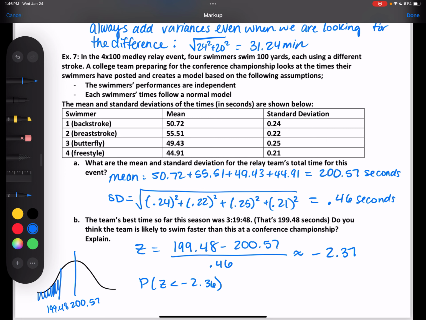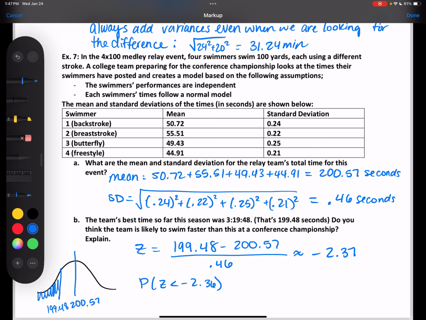So now you're going to go to your table, the negative one, which has a picture that looks like that on it.